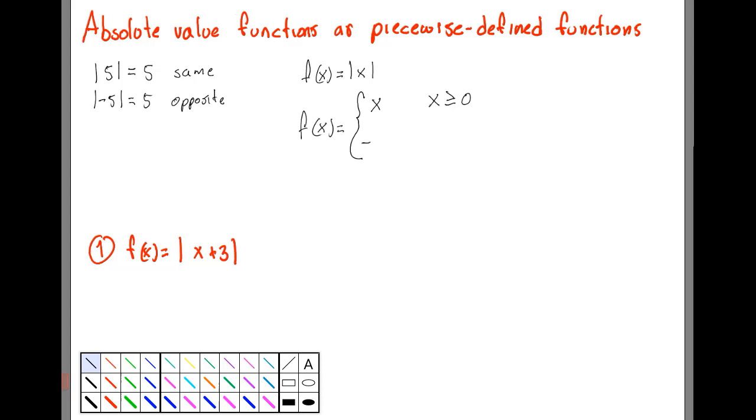Then it is going to be negative x, so we are multiplying times -1, when the x value is negative, when the part inside is negative. How do we express it? Like this, when x is less or equal than 0. So this is one way we can express the absolute value of x as a piecewise function.